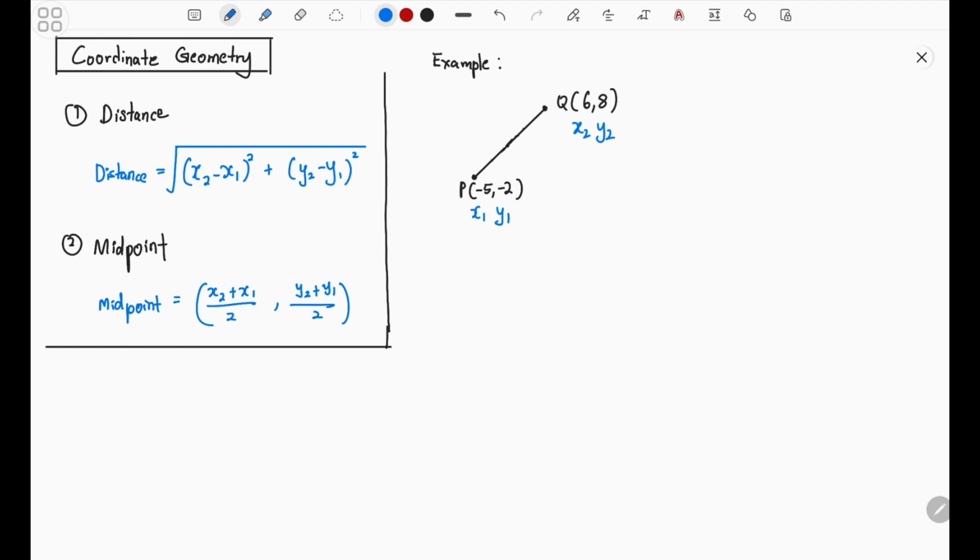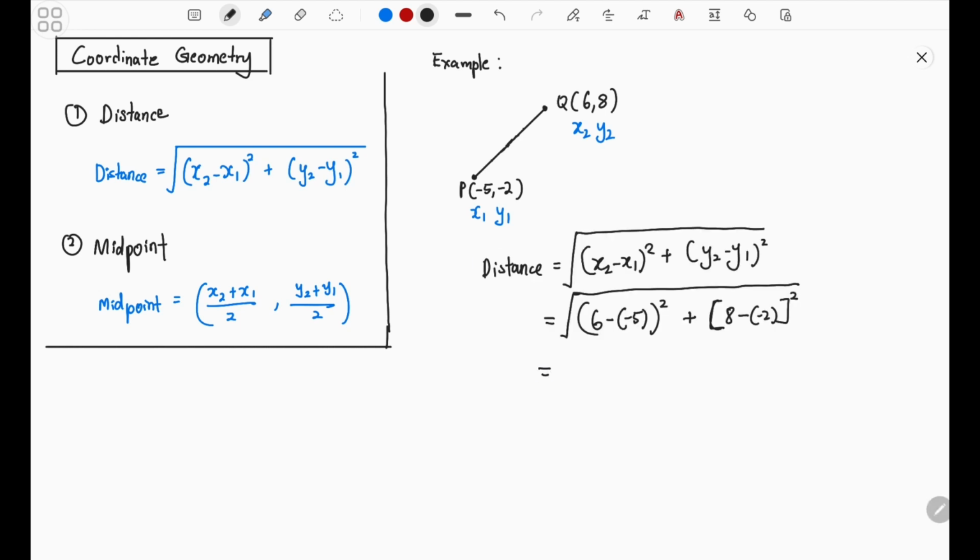Once I have done assigning the coordinates, all I have to do right now is to sub in the values into the formula accordingly. Alright, once I have subbed in the values, all I have to do is to solve the equation, and that will give me my answer as 14.9 units. And this will be my distance between point P and point Q.